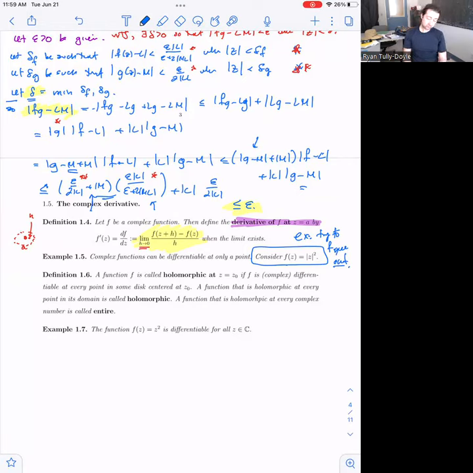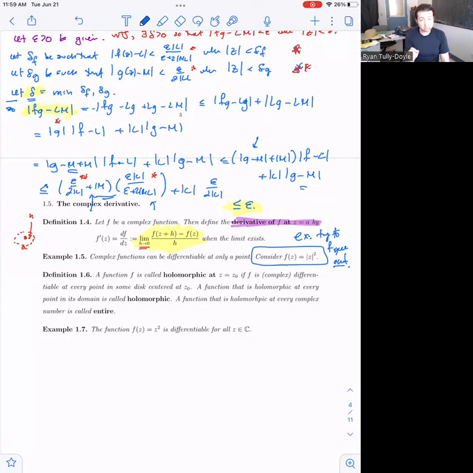Okay. Now here is the single most important definition in complex analysis because it leads to everything else. That is the idea of holomorphy, which means I want to exclude the possibility of functions that can be differentiable only at a single point.